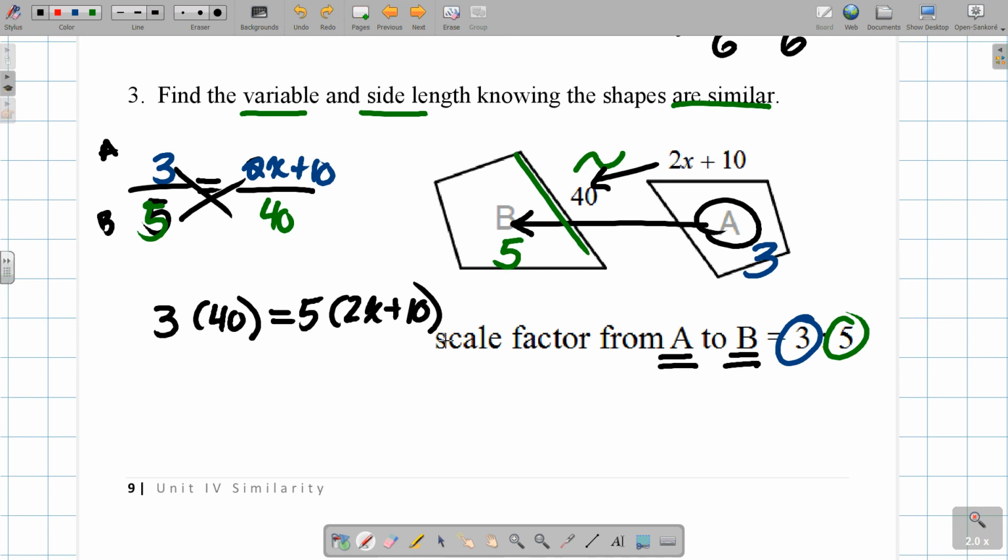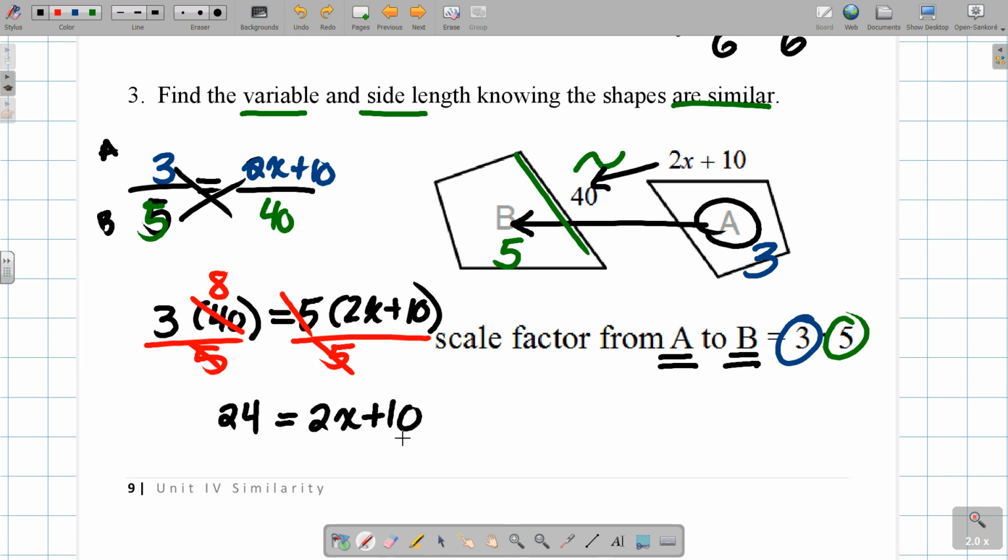Notice the key to multiplying is not multiplying. Instead of distributing, you can if you want, but that's a long way around. So your shortcut: I'm going to divide both sides by 5. That goes in 8 times. And 24 equals 2x plus 10. Let's take it from there.